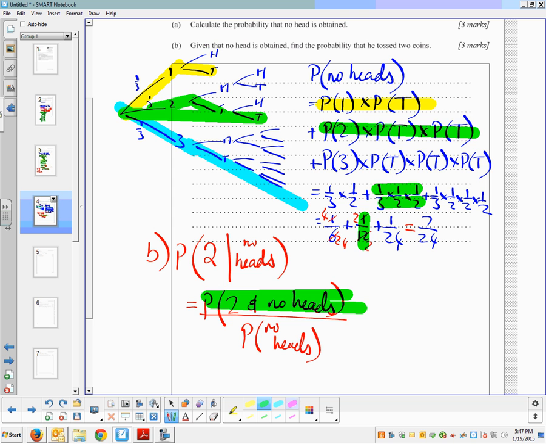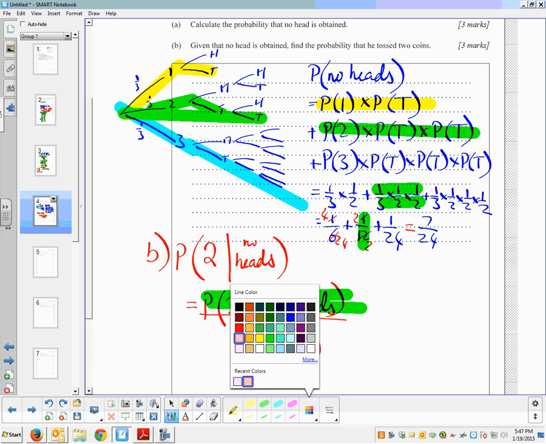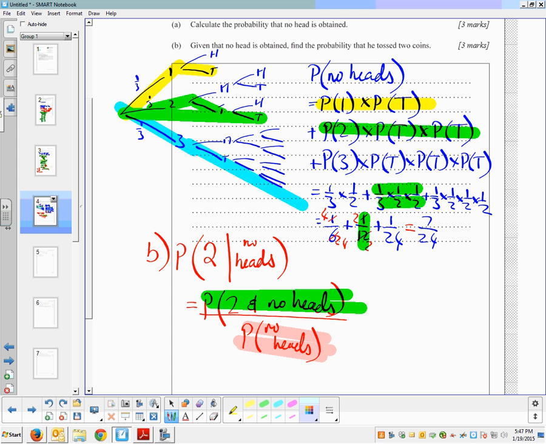And the no heads bit is the total, the answer from before, that's what we worked out.